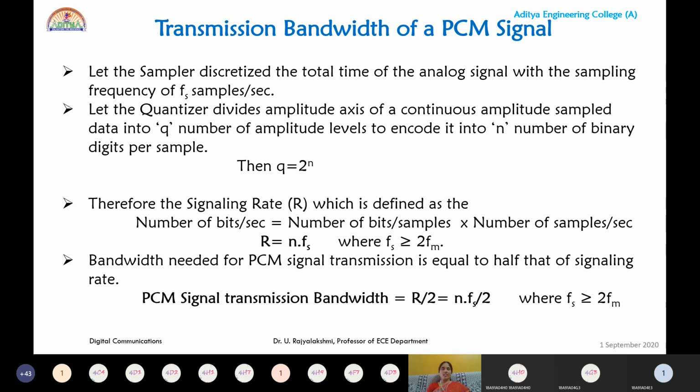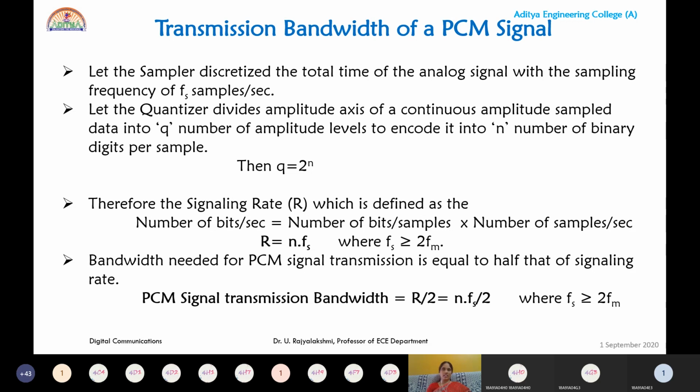Okay, thank you. Next, any other student, please tell me how much bandwidth you need for transmission of PCM signal? Please first define the signaling rate and define the bandwidth required for transmitting the PCM signal.